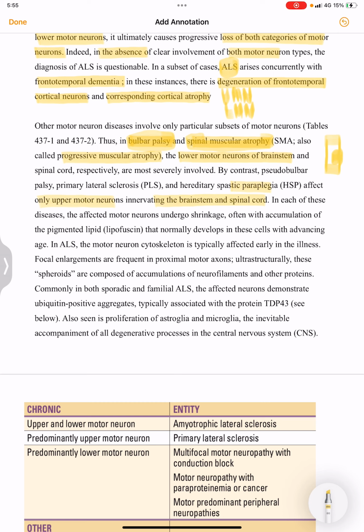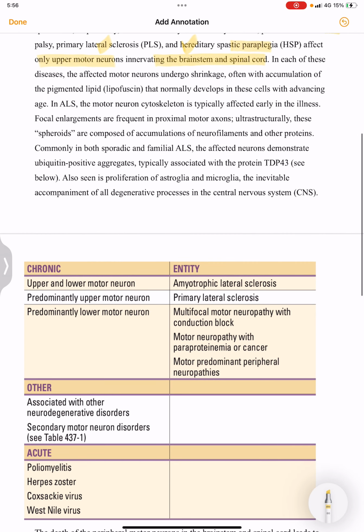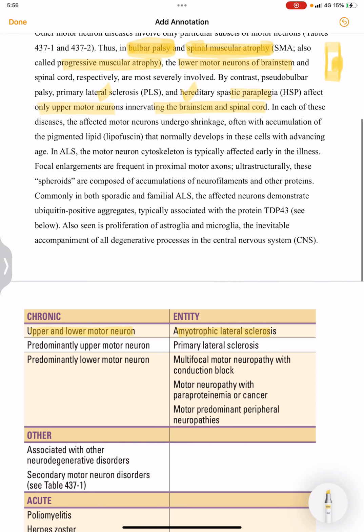If there is involvement of both upper and lower motor neurons, this is called amyotrophic lateral sclerosis. If there is predominantly upper motor neuron involvement, this is called primary lateral sclerosis.